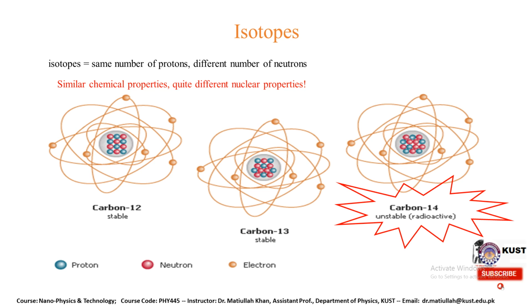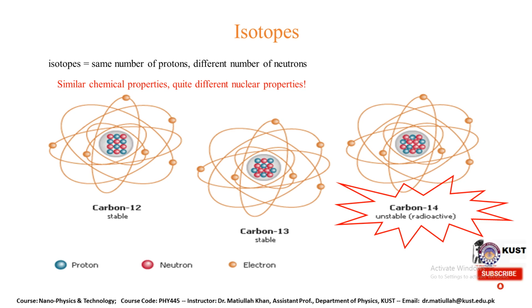Isotopes are atoms of the same element having the same number of protons but a different number of neutrons. Carbon has 3 different isotopes: carbon 12, carbon 13, and carbon 14.